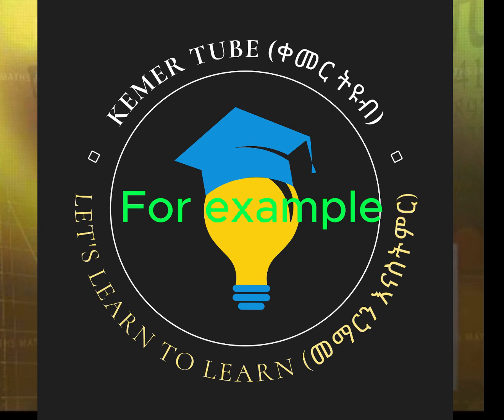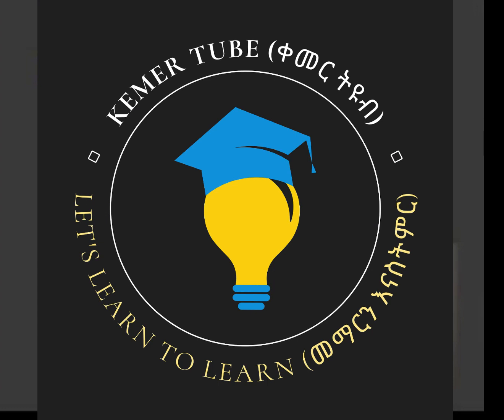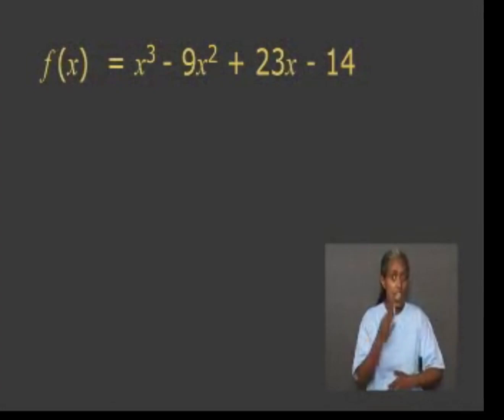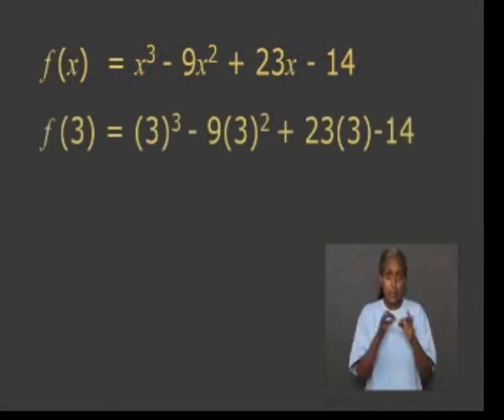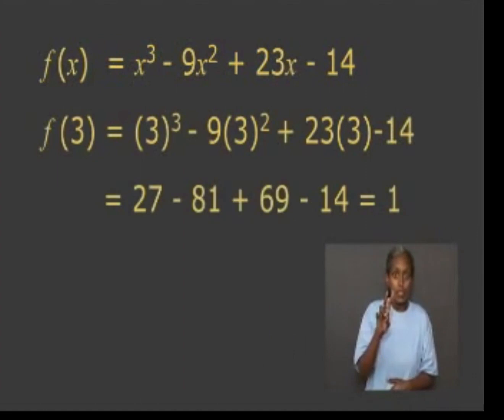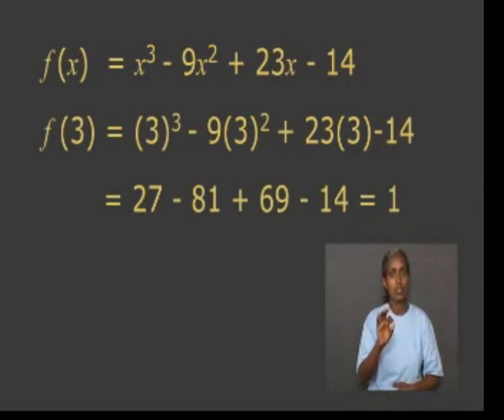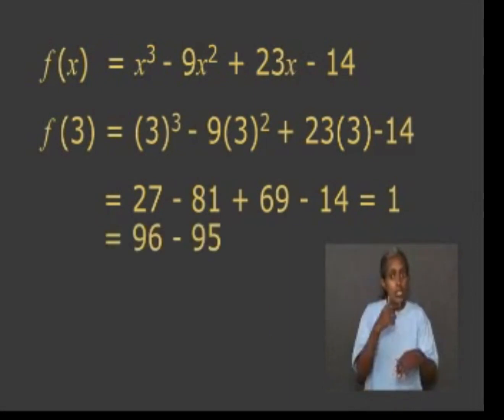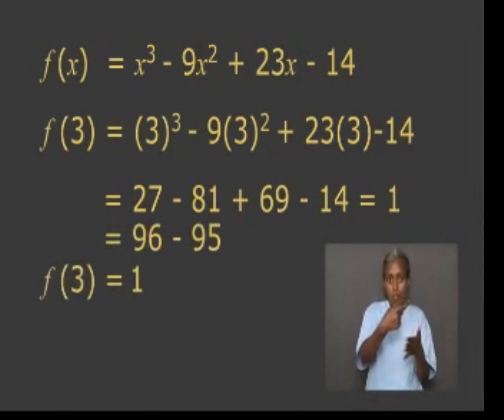For example, to find the value of f of 3, we substitute 3 for x and solve the polynomial. 27 minus 81 plus 69 minus 14 equals 1. Therefore, the value of f of 3 is 1.